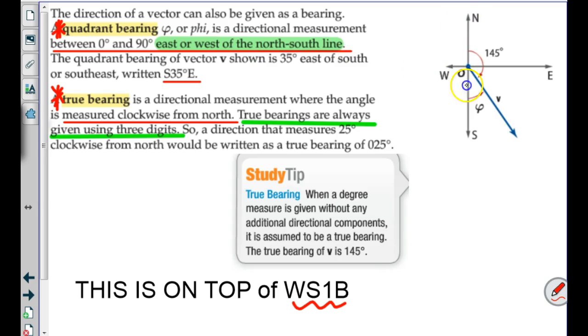So it's always off the north-south line, which is kind of easy to remember, because the other kind we're going to talk about, true bearings, are always off of due north. So they will write something like this. This means off of south, go 35 towards the east.